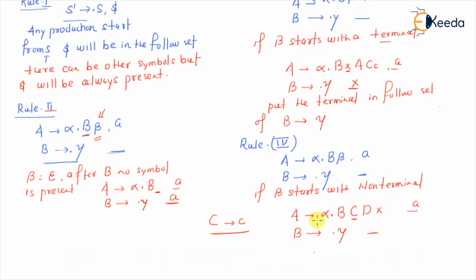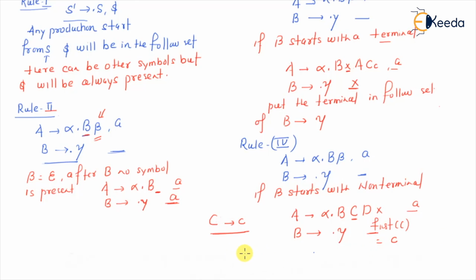So in this case, I will write here first of capital C, and that is equal to small c. That is the rule: if it is a non-terminal, then calculate the first of that non-terminal.